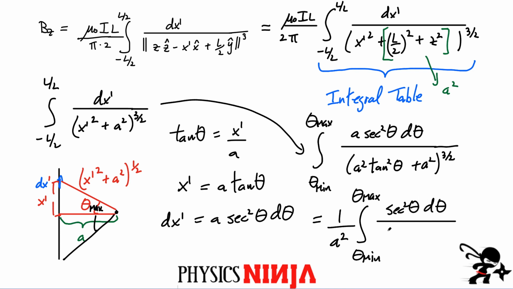And the bottom is tangent squared theta plus 1. That looks really complicated, however the definition of this is secant squared of theta, so that really simplifies everything. We're going to have to go to the next page and continue.